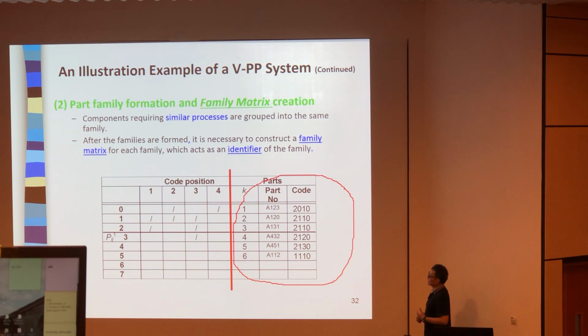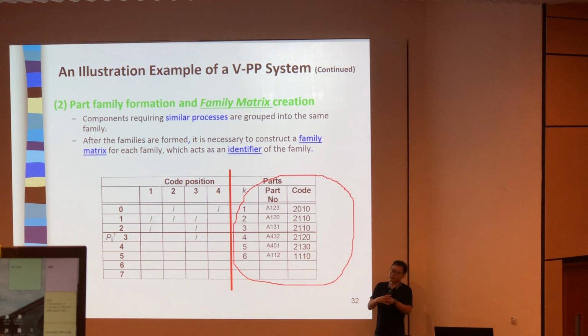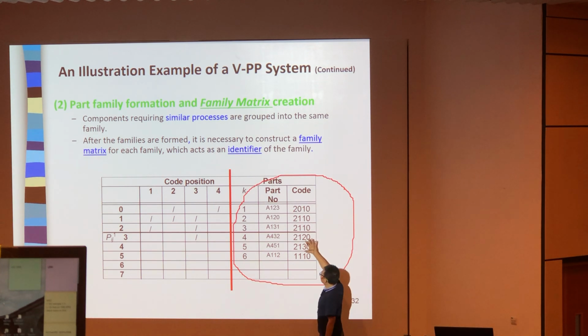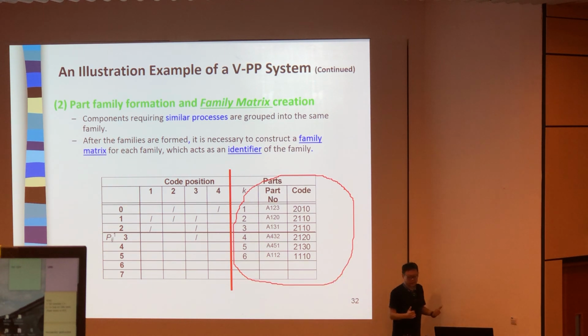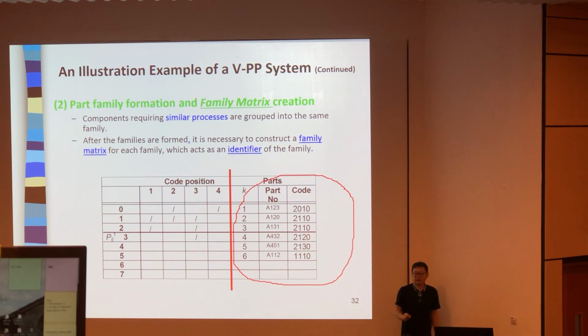Now what we need is to create the so-called family name, and this family name will eventually be used for family search. Eventually any new part will have a 4-digit code, so how do we do this matching? We use the codes to form a so-called part family matrix, and we fill in the positive entries in this matrix using its members' codes.